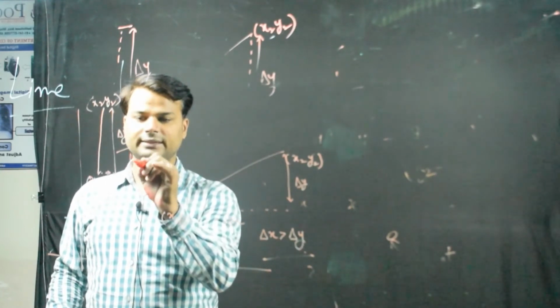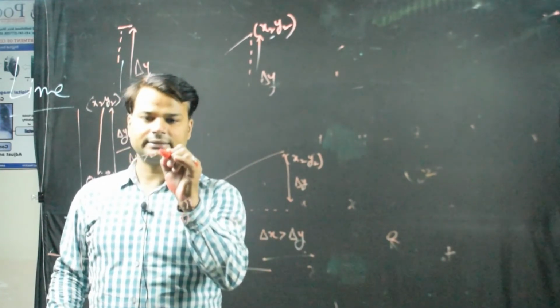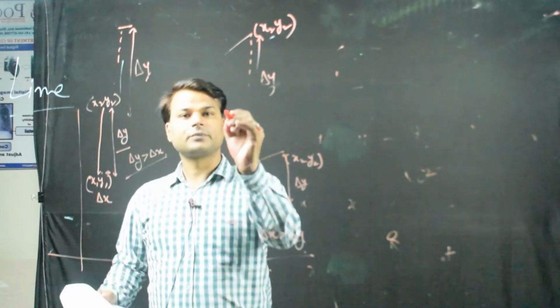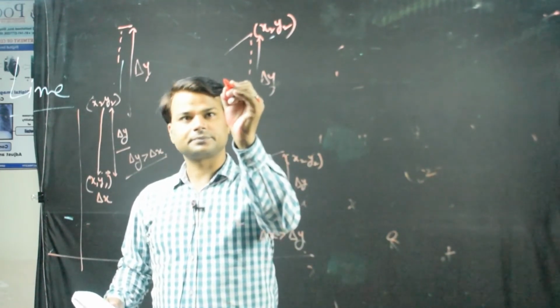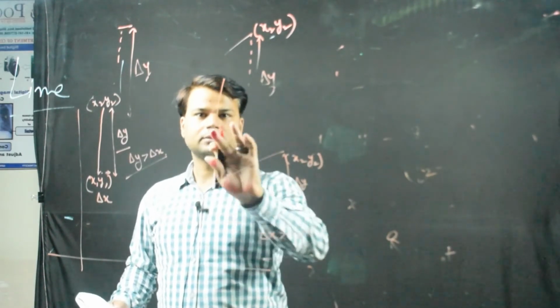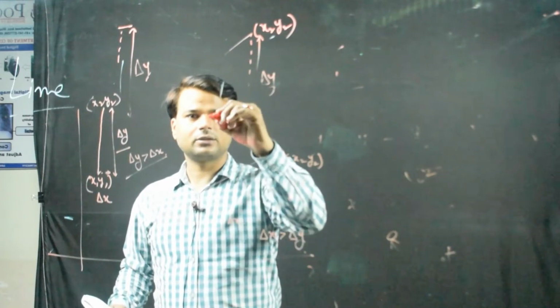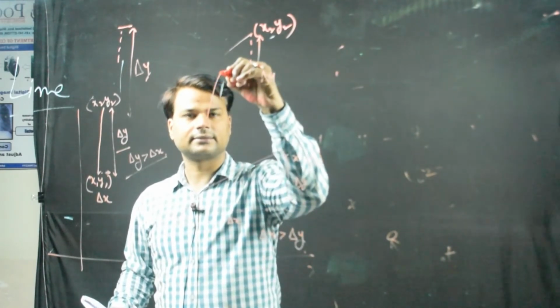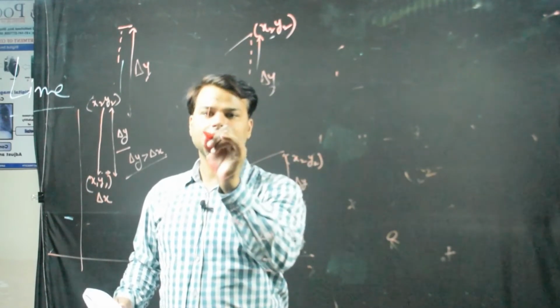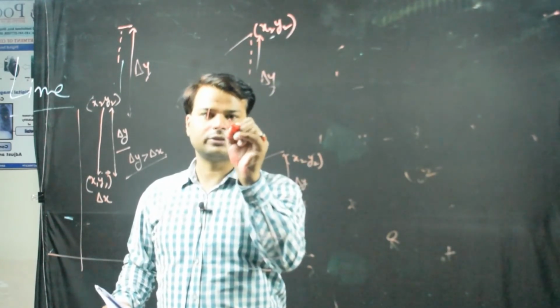So it is the delta y greater than delta x case. Third case can be like this one only, where I am saying my delta x is equal to delta y.